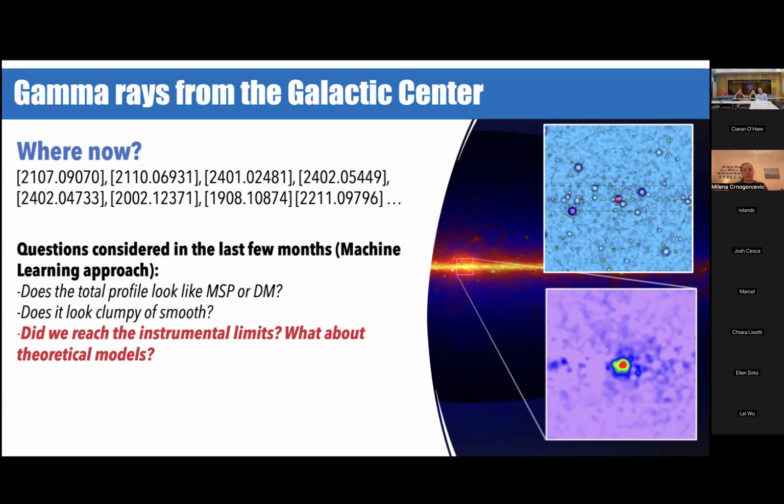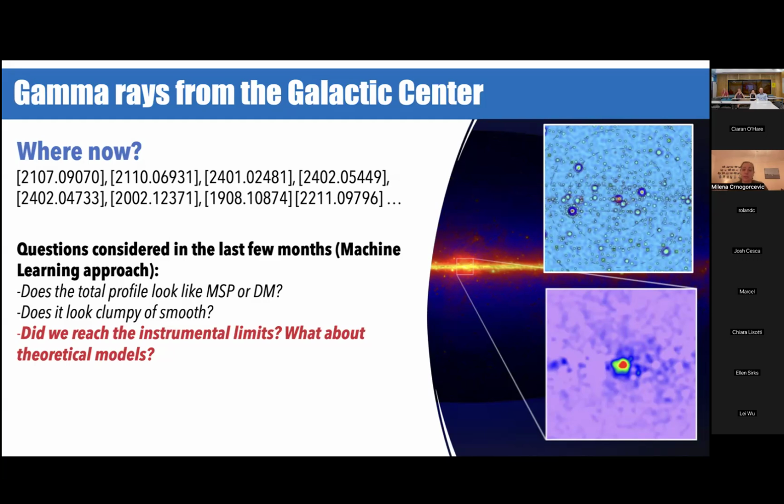And in those machine learning approaches, the approach is similar to the more traditional Bayesian analysis, where the authors ask whether the total profile looks more like millisecond pulsars or dark matter, or does it look lumpy or smooth? And again, here we don't reach a conclusive result.